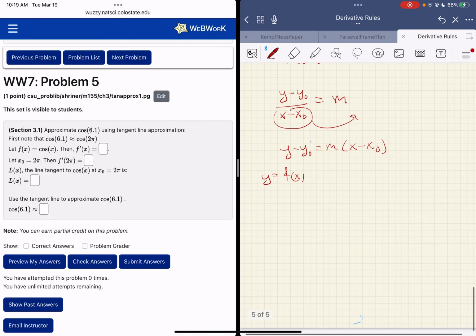So the whole idea is, well, what do I really want to say? I'll do this. y naught is our function at a, and x naught we're going to call a. So now we have y minus f of a is equal to, and also our slope is f prime at a. So it's equal to f prime at a times x minus a. Right?